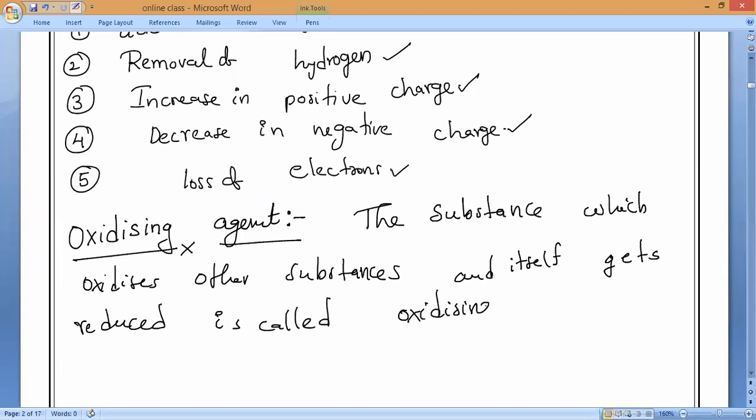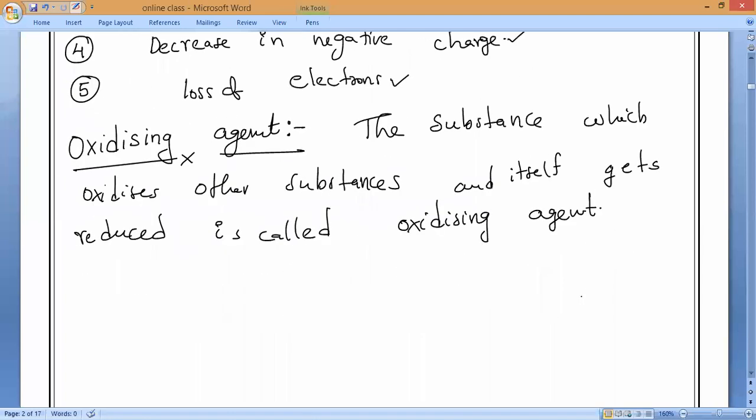It is the supplier of oxygen. These substances can oxidize other substances by taking electrons, giving oxygen, or by taking hydrogen. That is what we call an oxidizing agent.